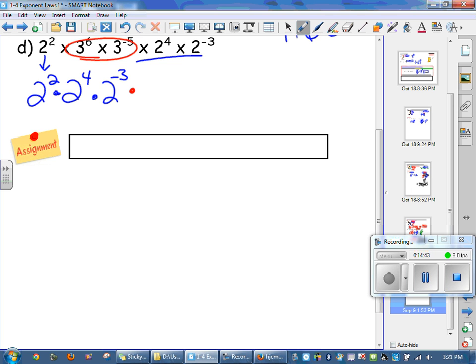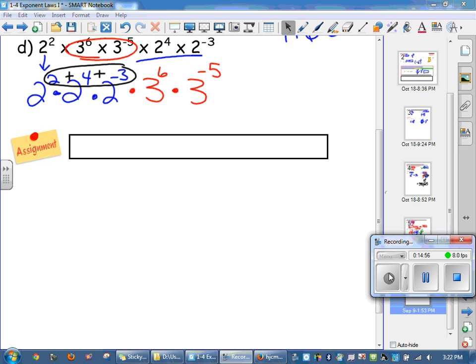Now I can deal with my exponents that have a base 2. I am multiplying so I can add my exponents. So this is going to give me 2 to the exponent 3. Then I'm going to do the exact same thing with my base 3. I'm multiplying so I can add their exponents. So that's going to give me 3 exponent 1.